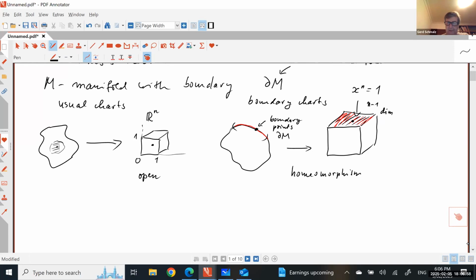And if our manifold is oriented, and here we want it oriented, well, probably we will assume that M as a manifold is connected.